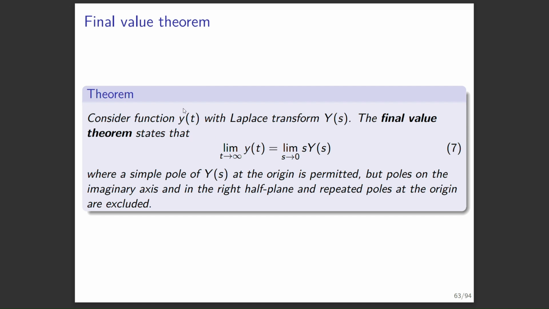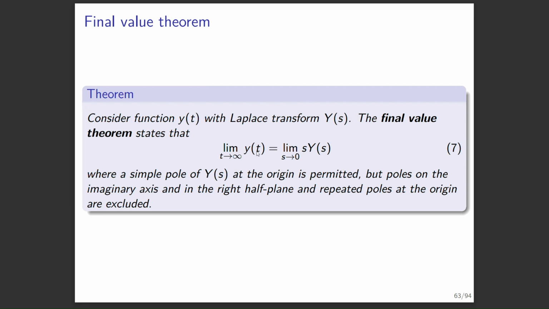You describe the function in time as y(t), and the Laplace transform of it as capital Y(s). Final value theorem states that if you take the limit of that function at infinity, the final value of that function is equal to the limit of this Laplace domain form of that function evaluated at the origin, but you also have to multiply it with an s.